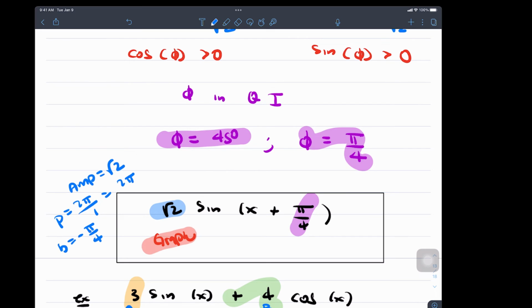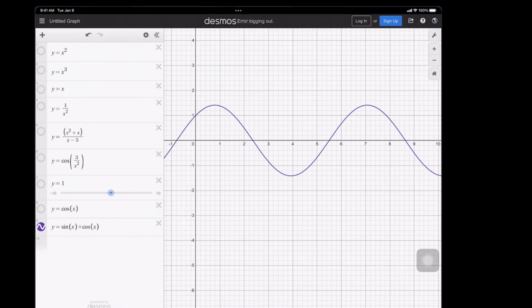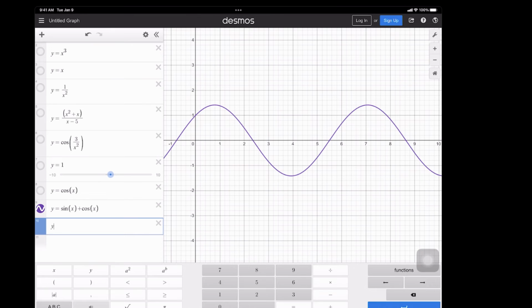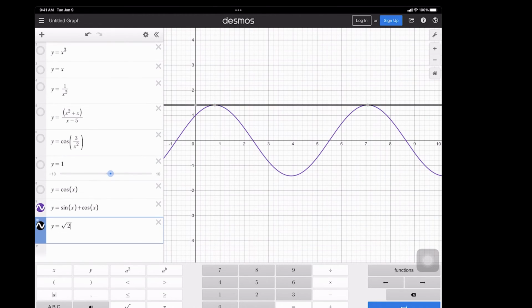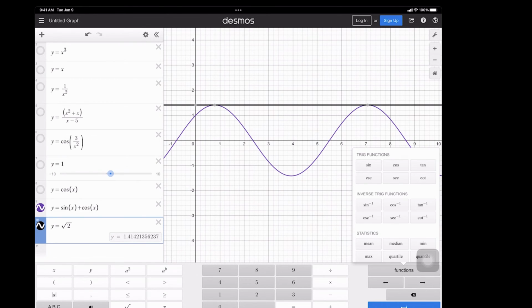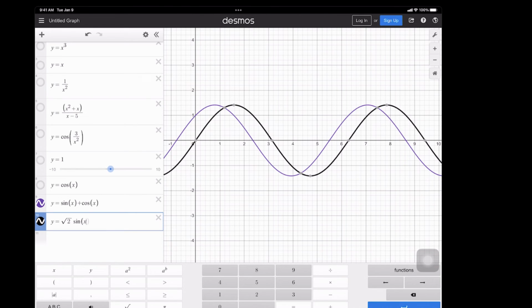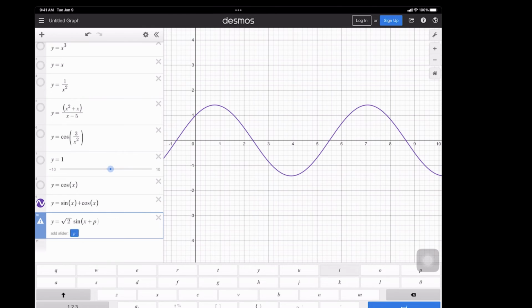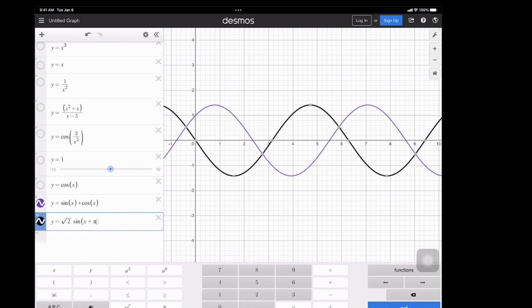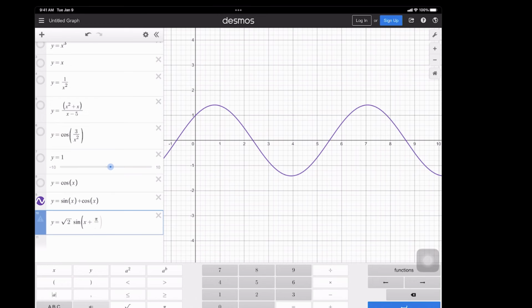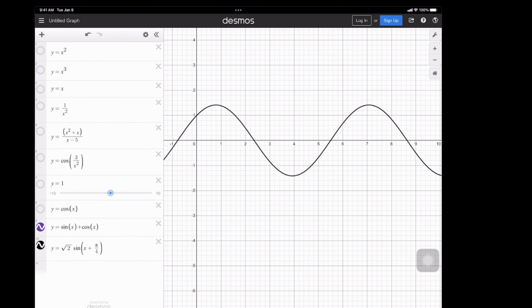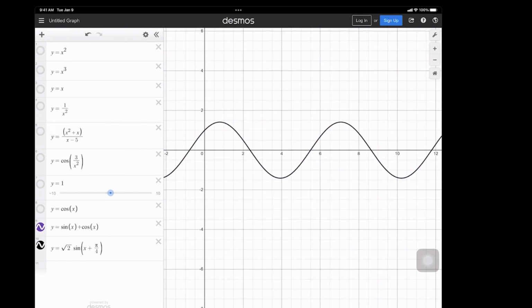But if I look at Desmos, that's y equals square root of 2 sine of x plus pi divided by 4.